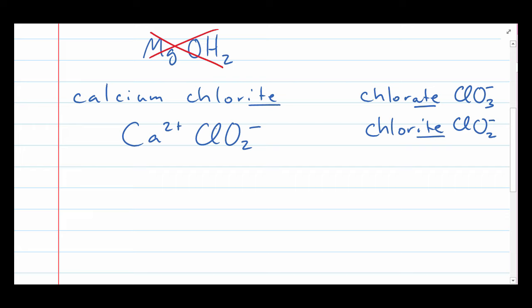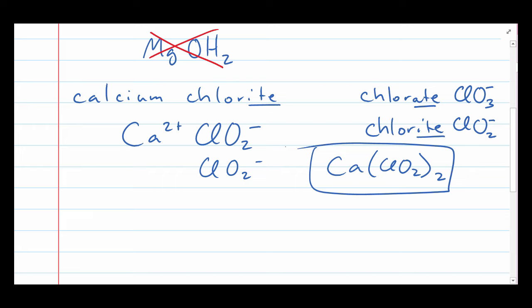Chlorite. How many more do we need? 1 more. So now that the charges are balanced, the formula is Ca, and then what do we need next? Parentheses, then ClO2, parentheses, and then a 2 to indicate that we have 2 of the chlorite ions.